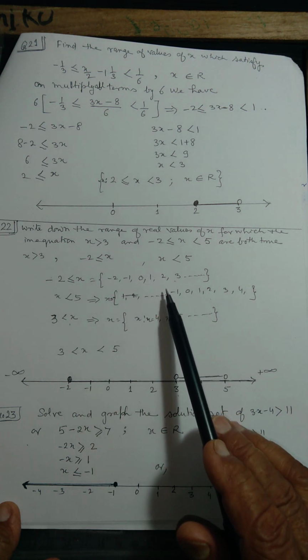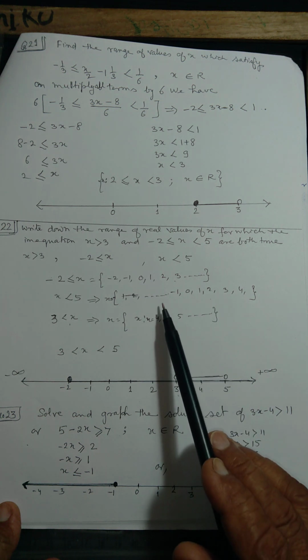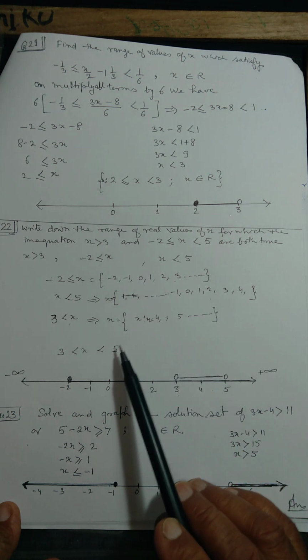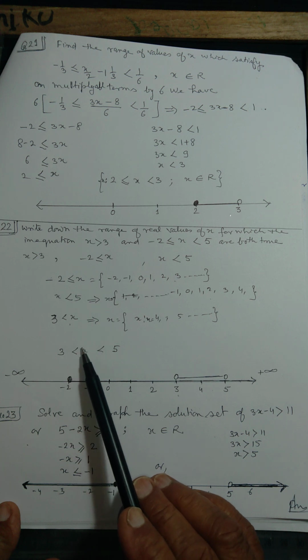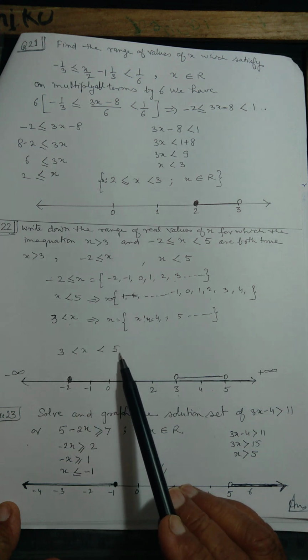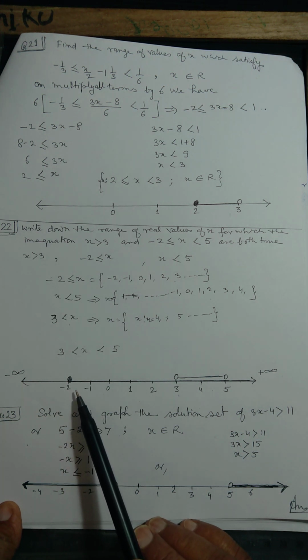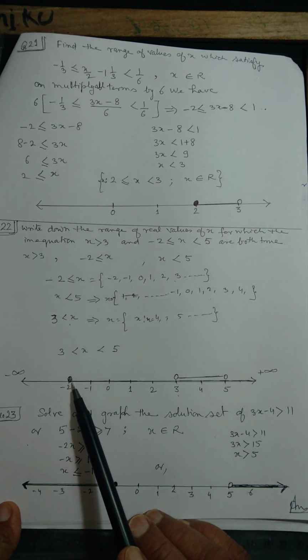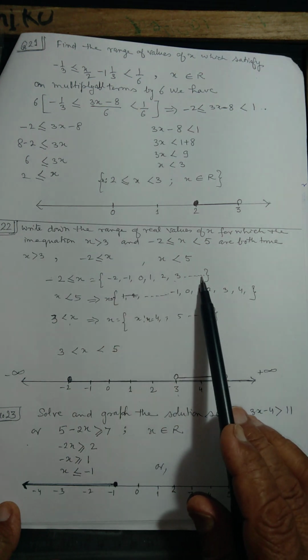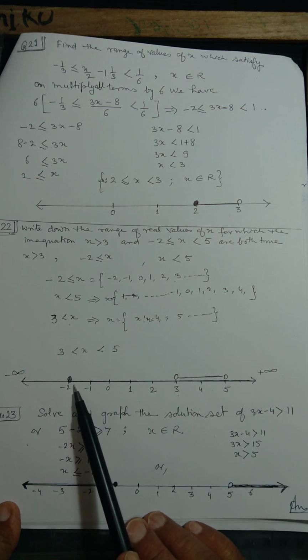Now for these three solution sets, we will take the intersection. You see 3 is less than x and x is less than 5, and graphically it can be represented here. From minus 2 onward, minus 2 included.